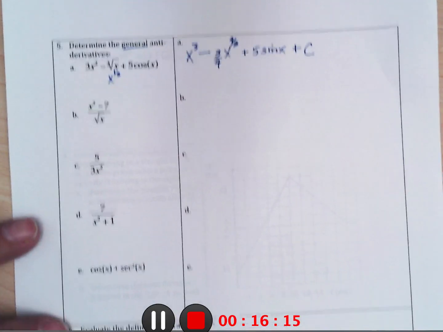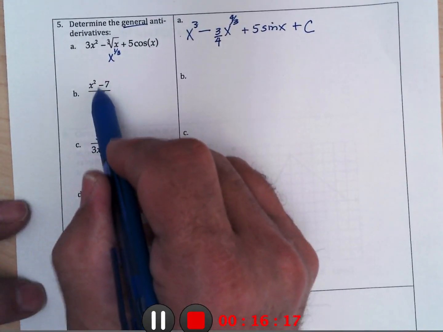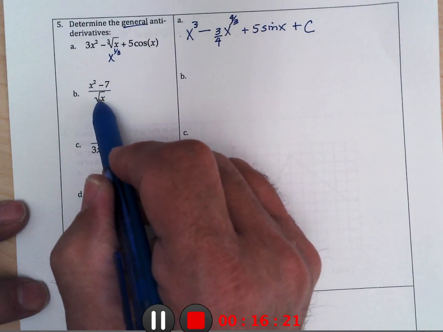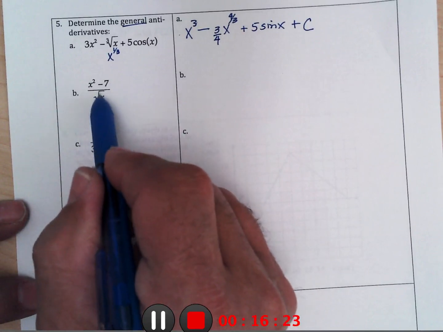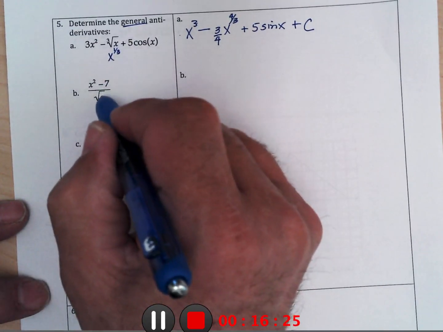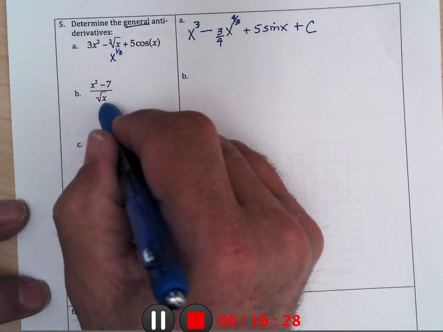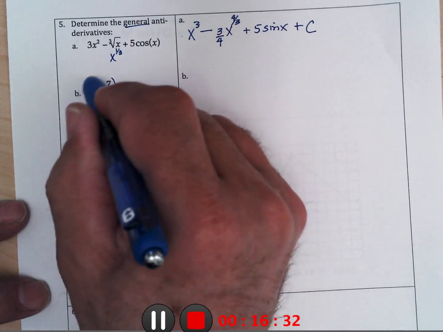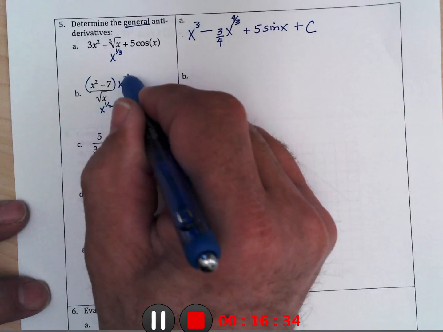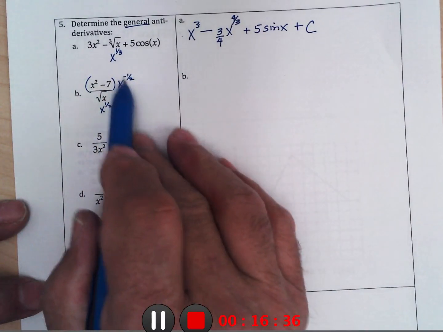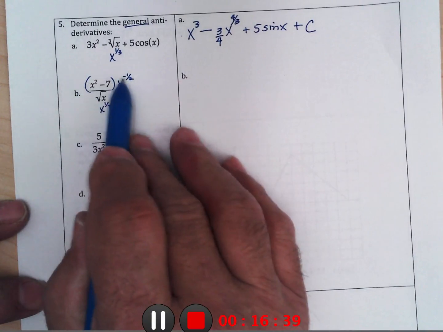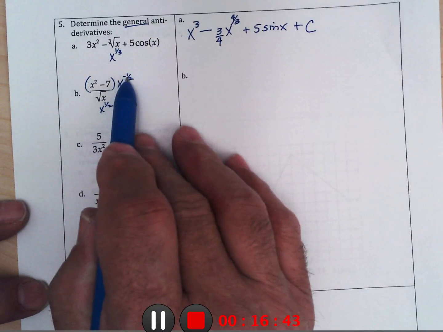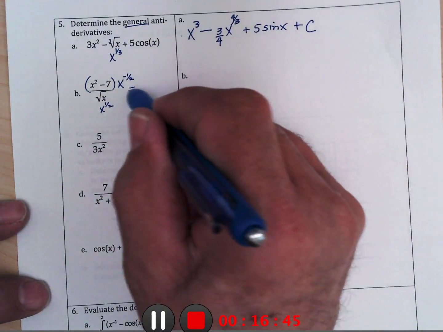This one, well, this is a quotient. To undo the quotient is tough, but since it's a single term down here, we can bring it up. Now this is the same as x to the 1/2 in the denominator, but if I bring it up, it becomes x to the minus 1/2. And if I distribute it, when I multiply, I add the powers, so 2 plus a negative 1/2 is x to the 3/2.